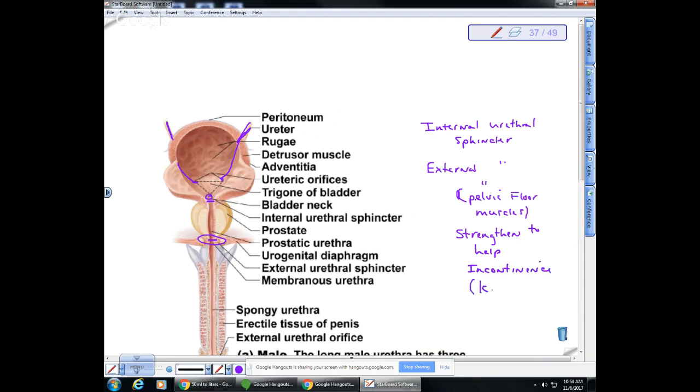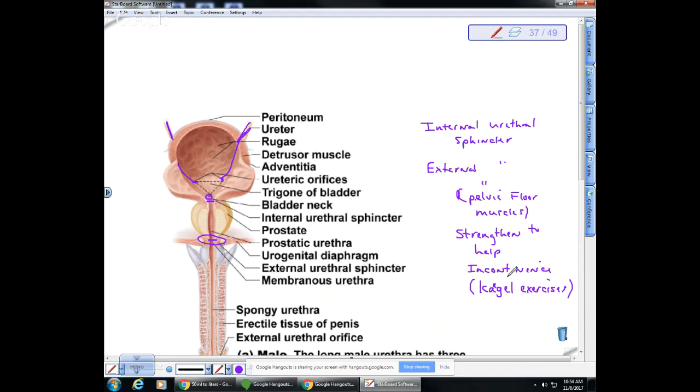And then my first name's Lakin, so it's even more. Is it Kegel like this? K-A-G, yeah, that's right. I think there might be an E in there. Kegel exercises.